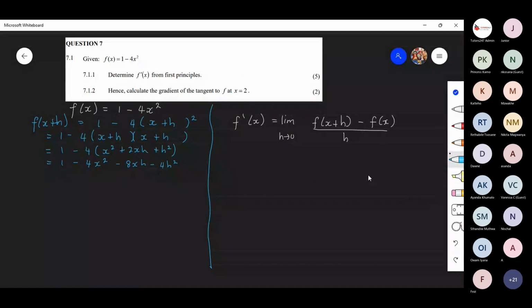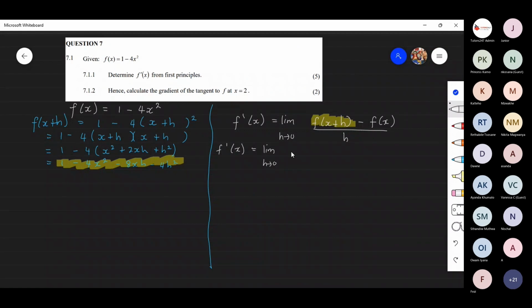So all we are going to do is take that and substitute it into our formula. So our formula is f prime of x equals the limit as h approaches 0 of f of x plus h. So in place of f of x plus h, we are going to substitute what we've just simplified on the left side.